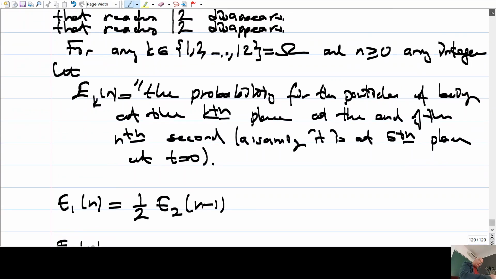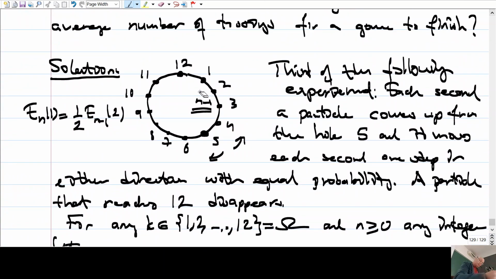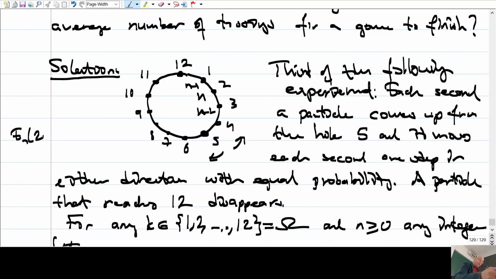What about this? Well, what is the probability that the particle will be here at the end of the nth second? Well, if it is here at the end of the nth second, at the end of n minus first second, it is either here or here. So En of 2 is 1 half En minus 1 of 1 plus 1 half En minus 1 of 3.